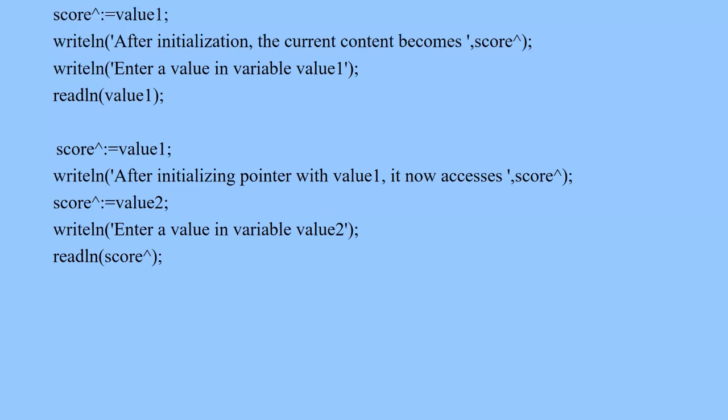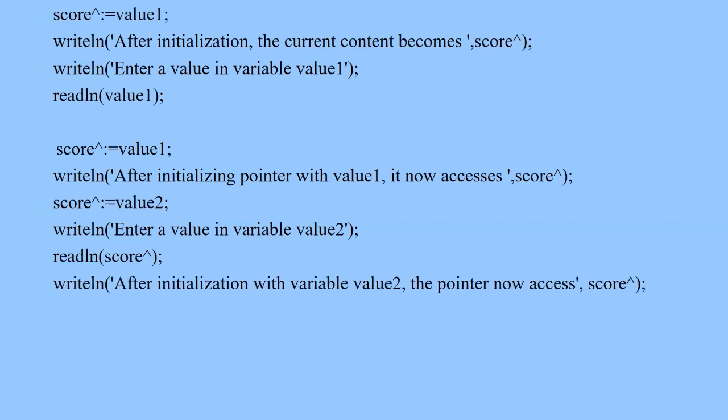So we are indirectly referring to value 2 when we use the pointer score. Score pointer is currently pointing to the memory location for the variable called value 2. And therefore, the value which is entered will be indirectly stored in the memory location called value 2 by the pointer. So we display the statement.